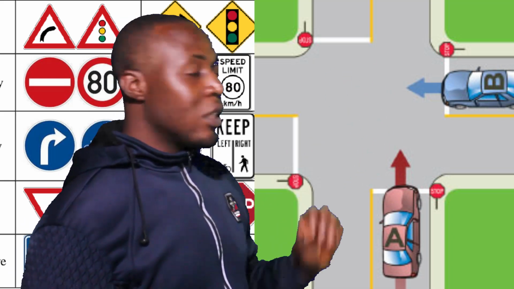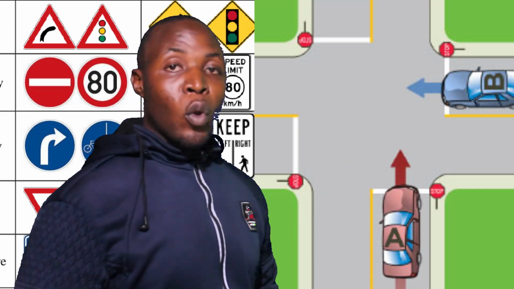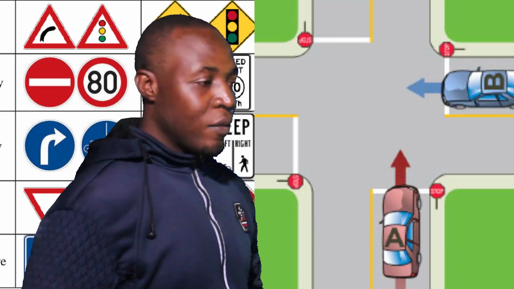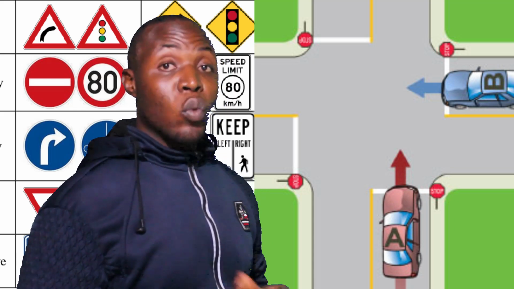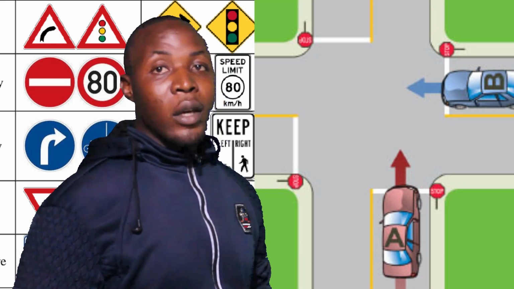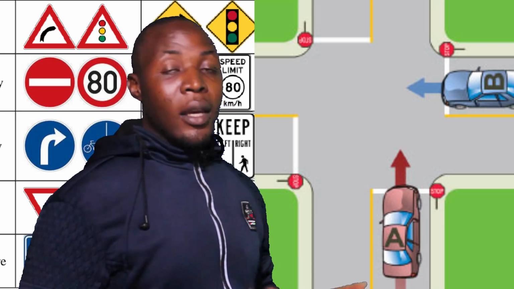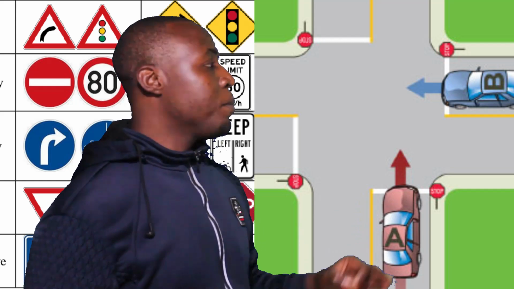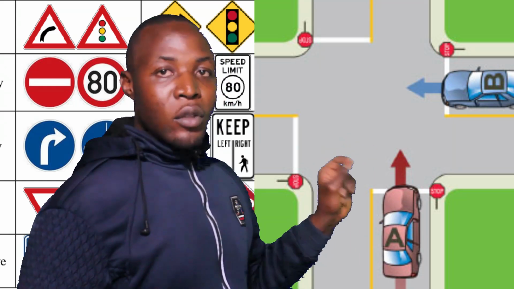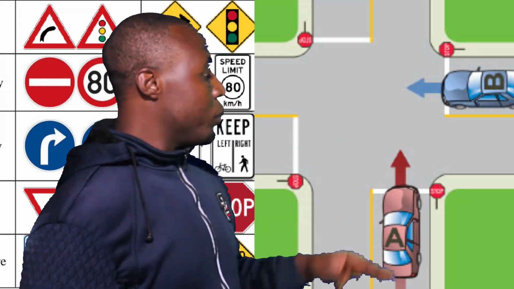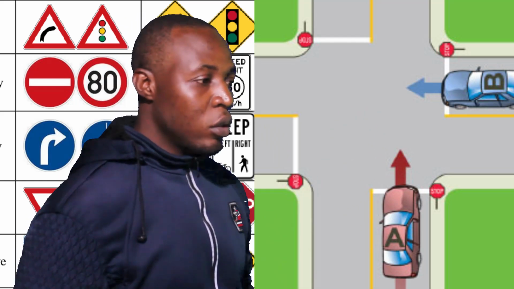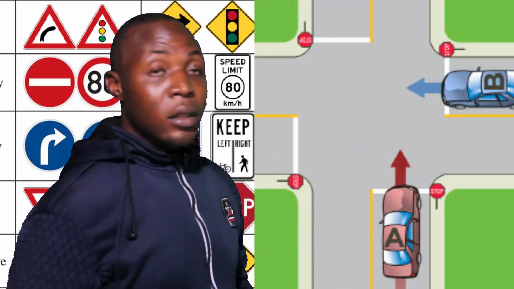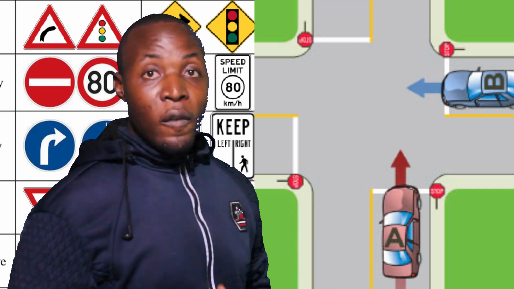So in this situation, who has the right to pass first? Remember that at a junction you give right of way to any vehicle coming from your right. Any vehicle coming from your right, you have to give way to that vehicle. So this is another situation. We have the red vehicle and the blue vehicle.